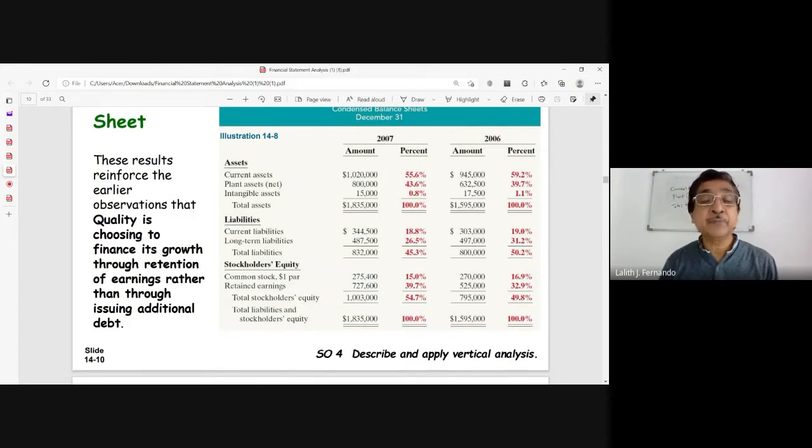So if you go into long-term liabilities, this long-term liability contribution has come down in the year 2007 from 2006, whereas retained earnings has increased from 32.9 to 39.7. The growth has been financed through internally generated funds. That's what it means.